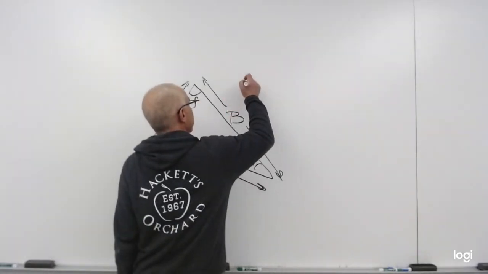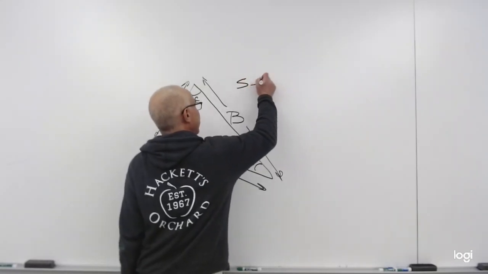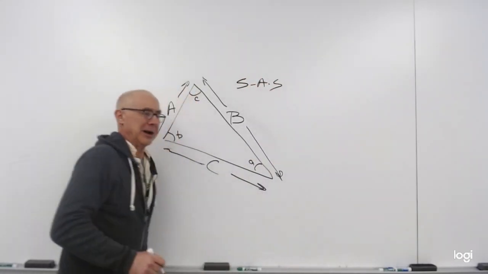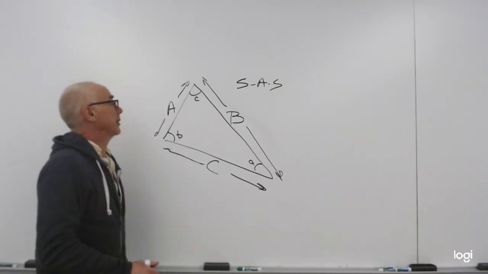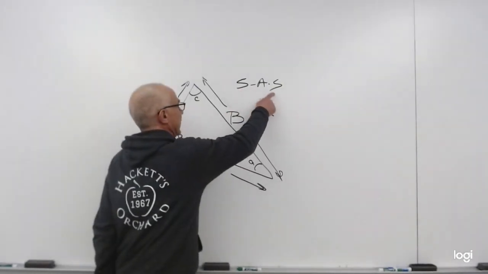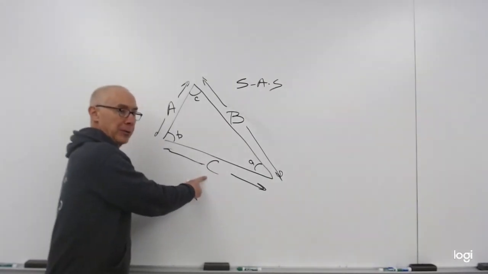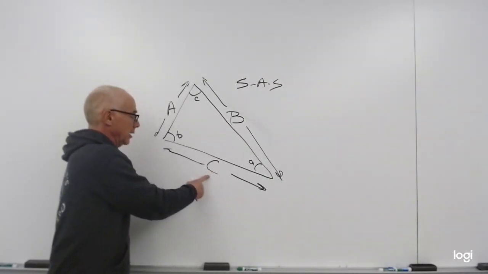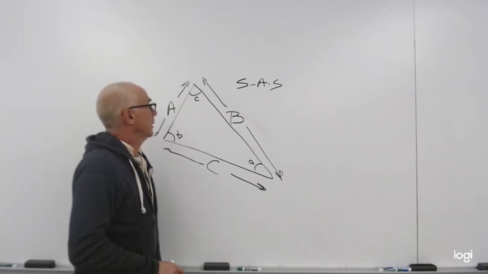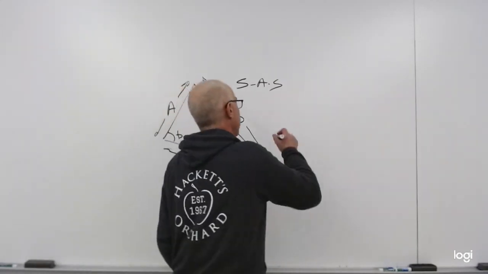My recollection from trigonometry from many years ago is that's probably called side-angle-side. We want the opposing length C, and we can use what's called the cosine law.